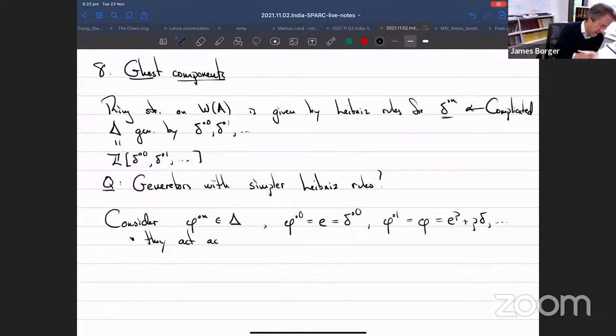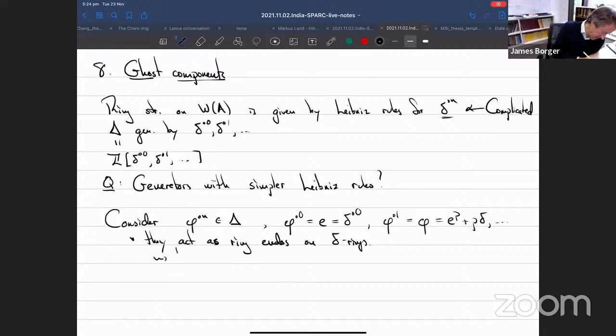You can think of these as operations on a delta ring. It's just the nth iterate of the Frobenius operation. The Frobenius operation is a ring endomorphism, so any iterate of it would be a ring endomorphism. So they act as ring endomorphisms on delta rings.